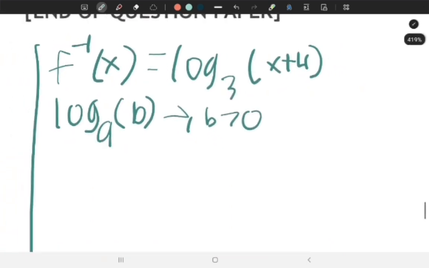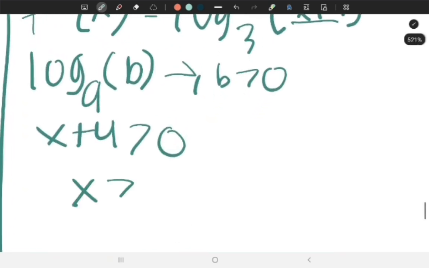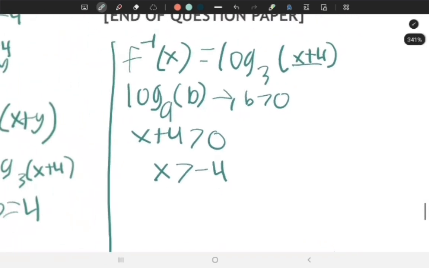So therefore, we can simply take the one from the inside, and we form this inequality: x plus 4 is more than 0. That means x is more than negative 4, and that is our domain.